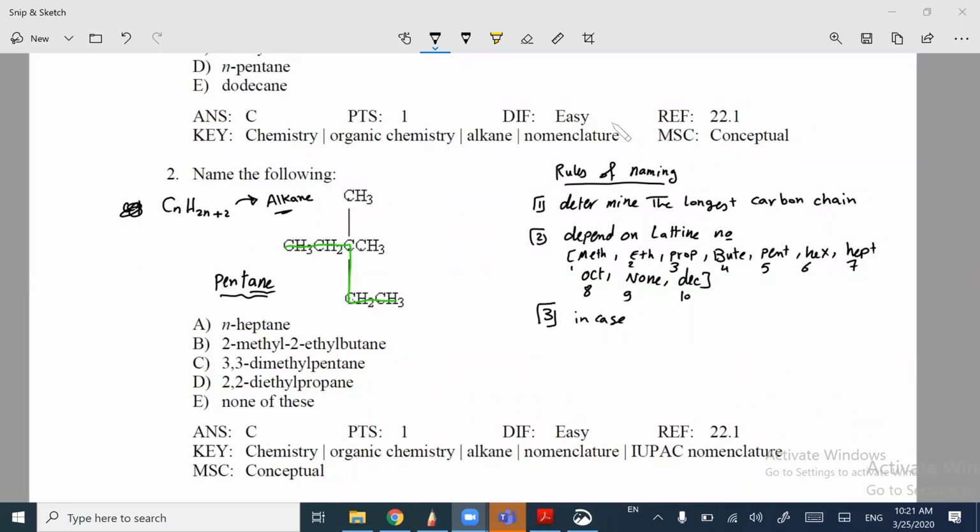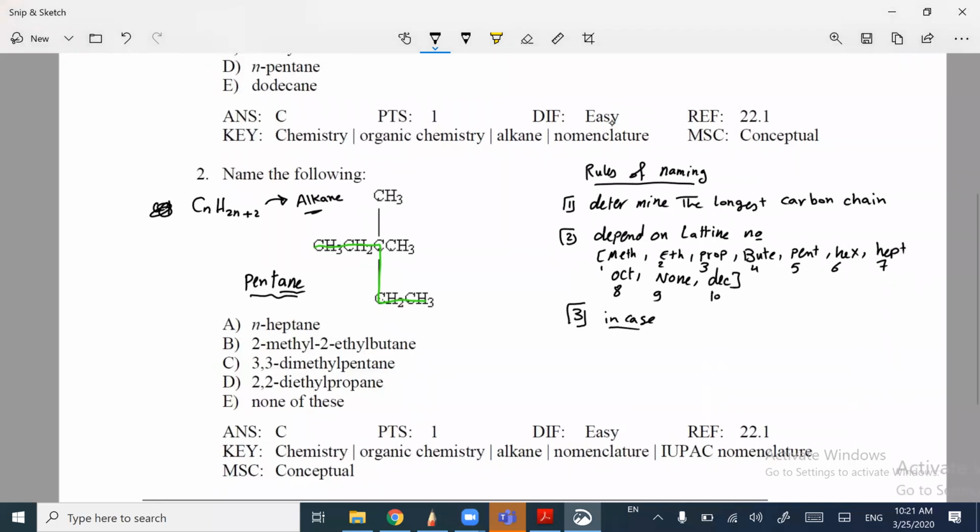So in the case of the alkane, we'll find maybe the longest carbon chain, maybe single bond, maybe double bond, maybe triple bond. In the case of the single bond, we add "ane". In case of the double, we will add "ene".